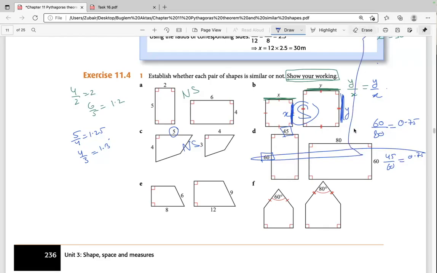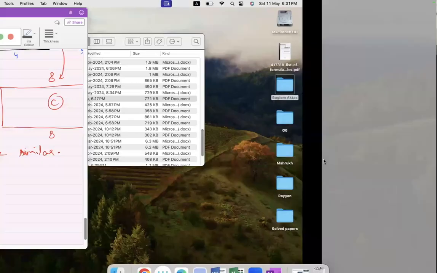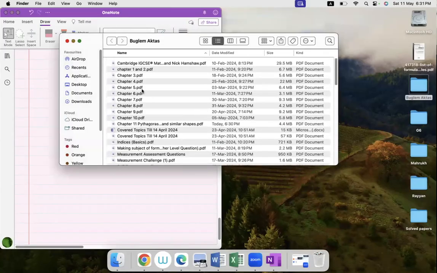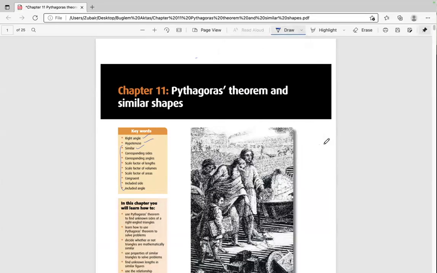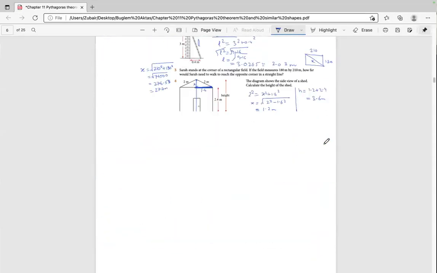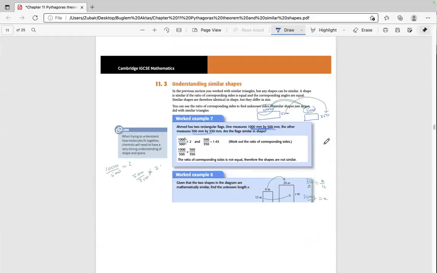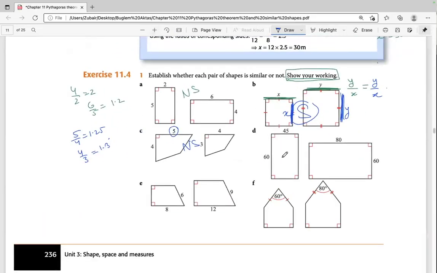So angles are same. So this was longer side and shorter side. 80 by 60 we got 0.75 and 60 by 45 we got 0.75. So that's a yes. They are similar.